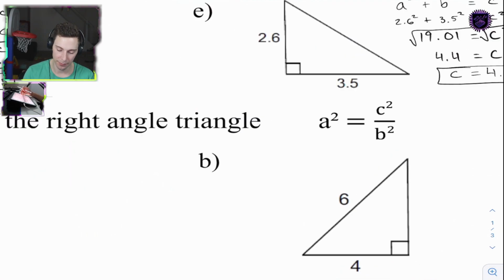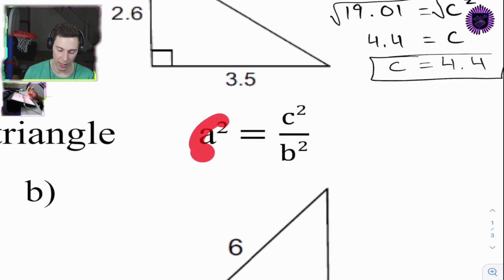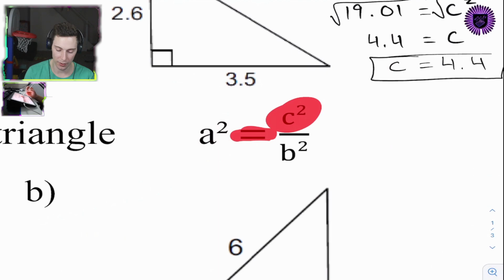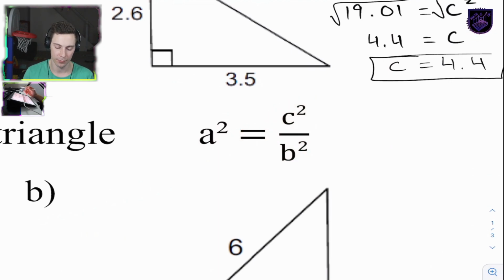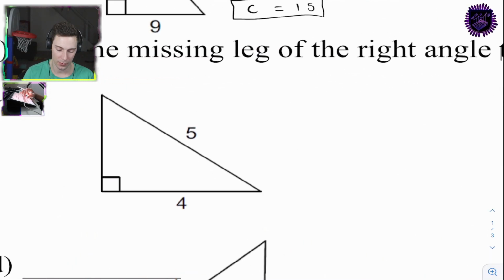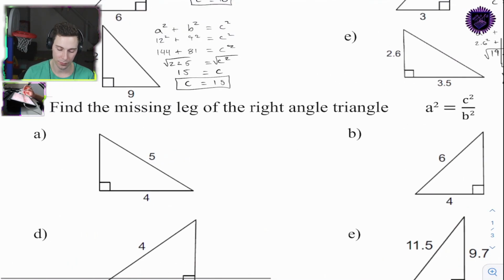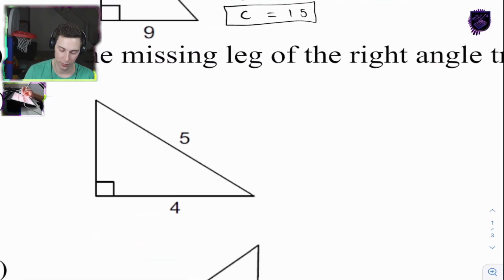So over here, we're going to go a squared is equal to c squared divided by b squared.